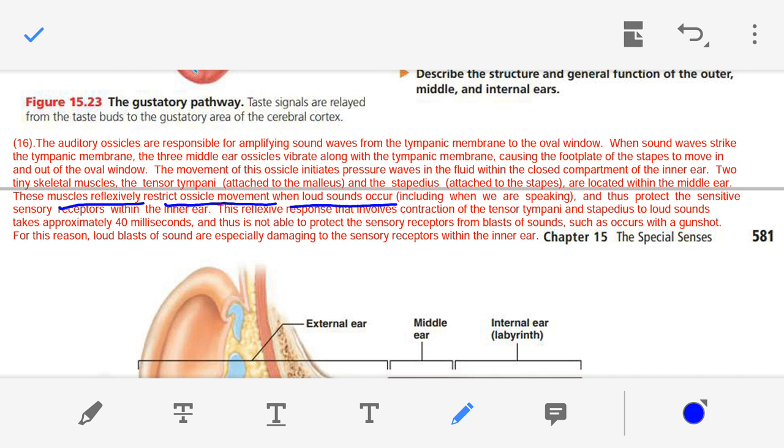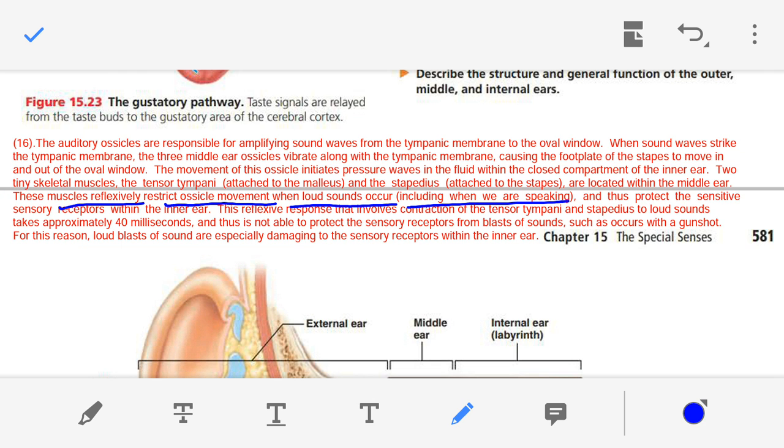Okay, so when we are hearing, when we come across a loud sound, that time the reflex of this muscle restricts the ossicle movement, including when we are speaking.